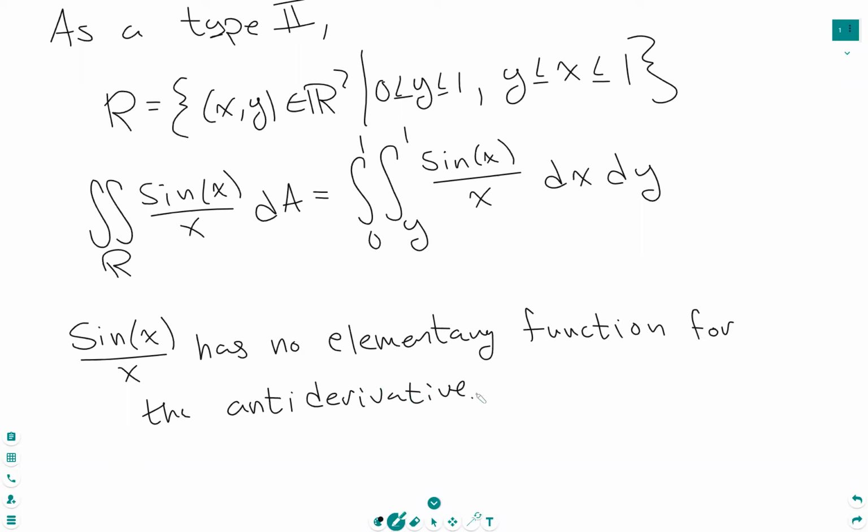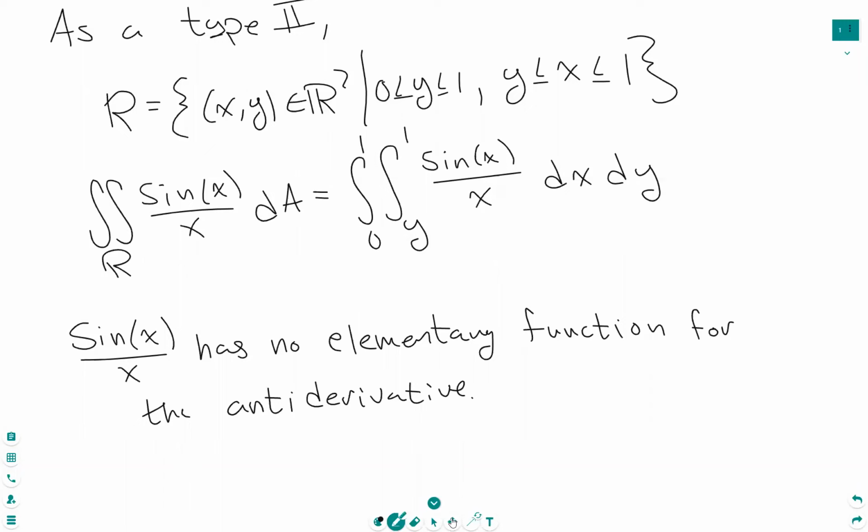So you can look it up all you want. You're going to get some wacko stuff. There's going to be special functions, or what you could do is write this as a power series and then integrate, and then integrate with respect to y after that, and then see if you can line it up.